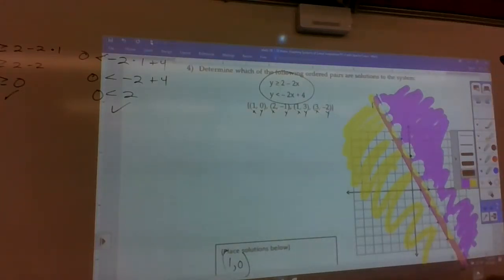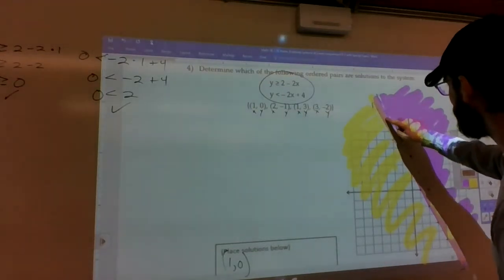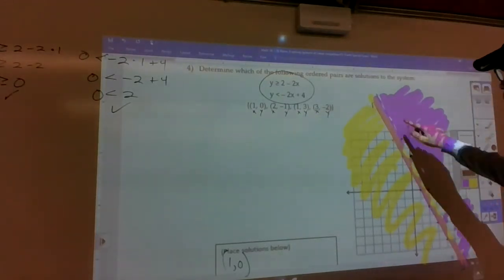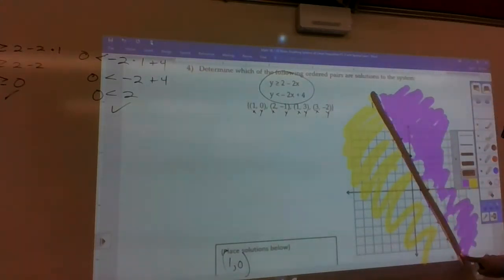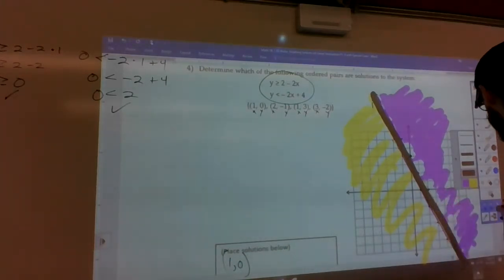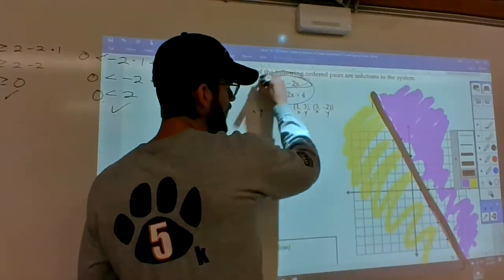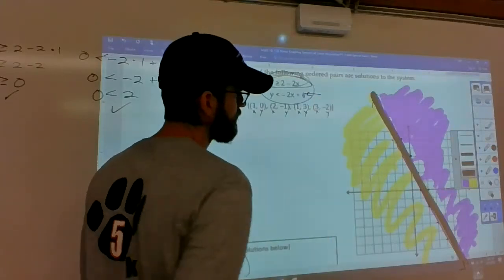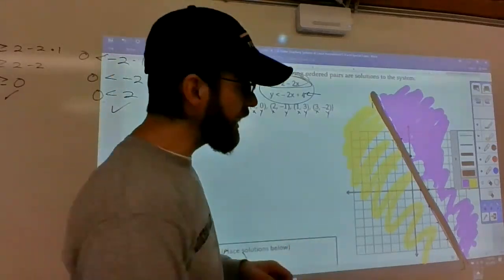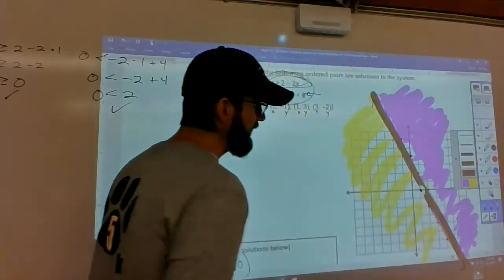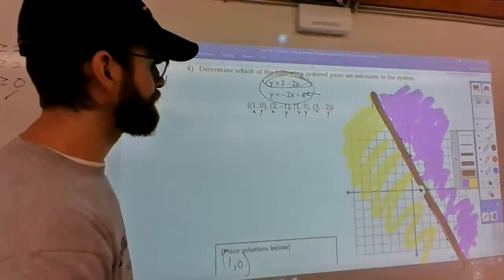All right, so bottom line is, what's the shared shaded region here? It's supposed to be in between. It includes this line, but it doesn't include this line. There's a big difference between a dashed and a bold line in this situation. So when you look at (1, 0), it's on the line that's equal to, which is why it belongs in the solution set.